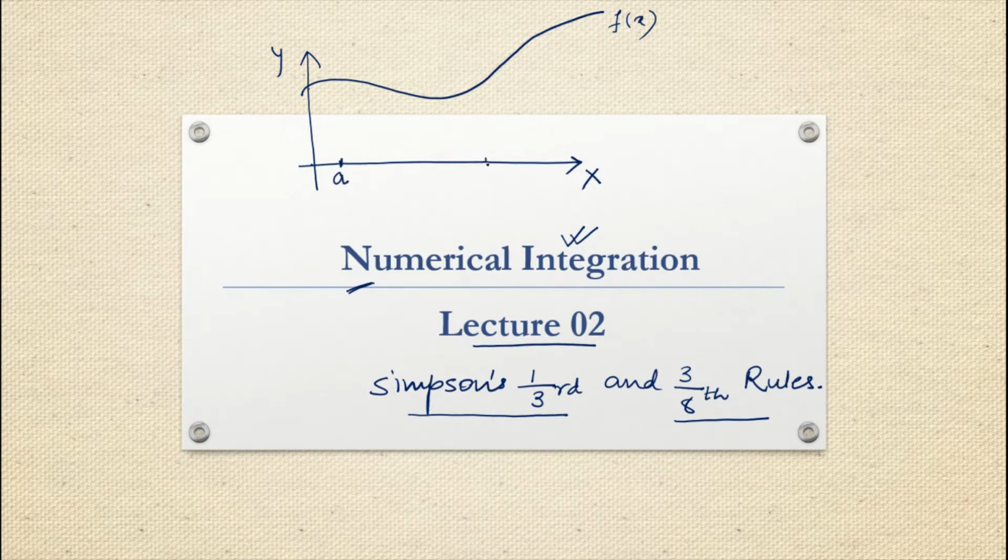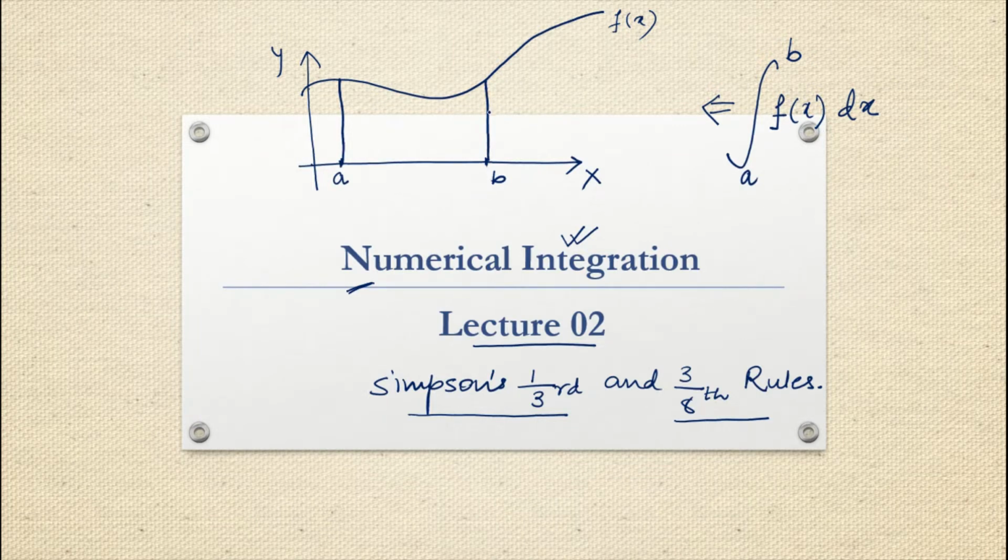In calculus we write the integration of f(x) between a and b. That means I have to find the area under this curve, or the answer of this definite integral. We have already discussed these things, so I'm not going to elaborate on them again.